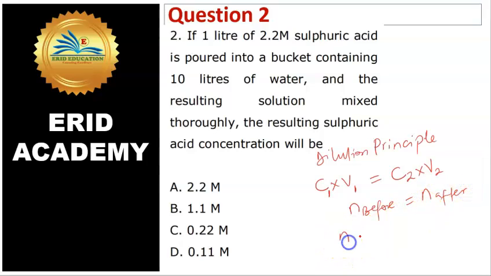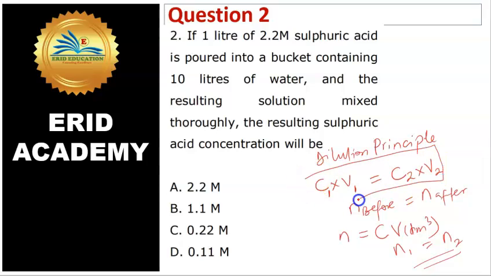We know the formula for number of moles to be concentration times volume in dm³. Therefore N1 should be equal to N2, if no additional sulfuric acid was added while preparing the solution. So we use the formula C1V1 equals C2V2.